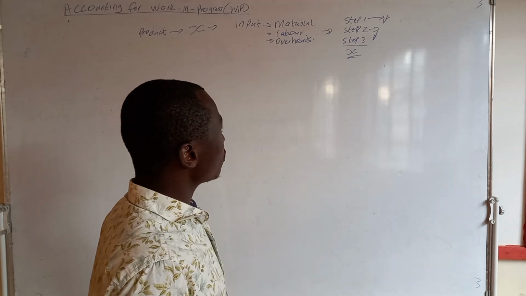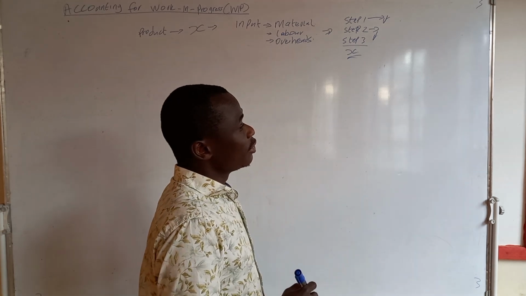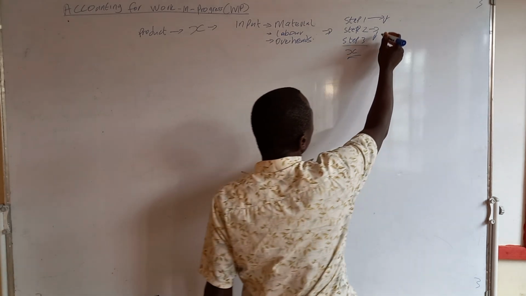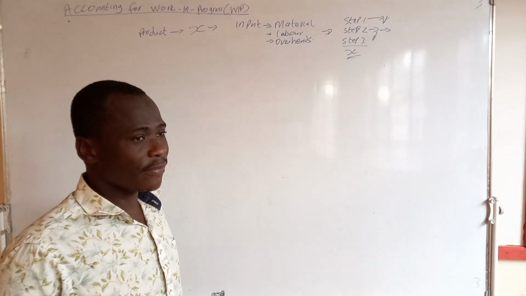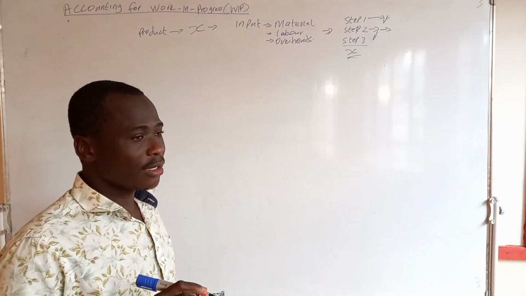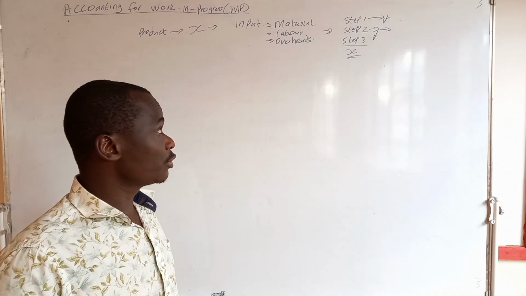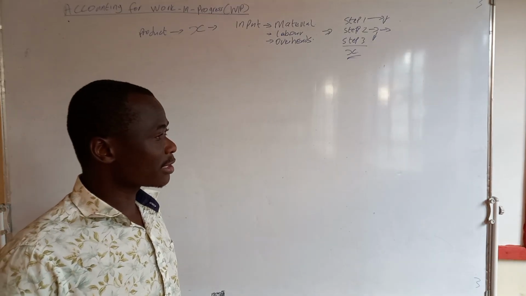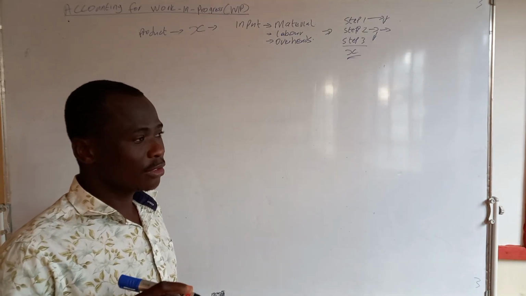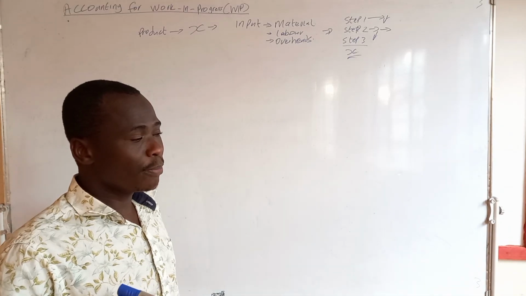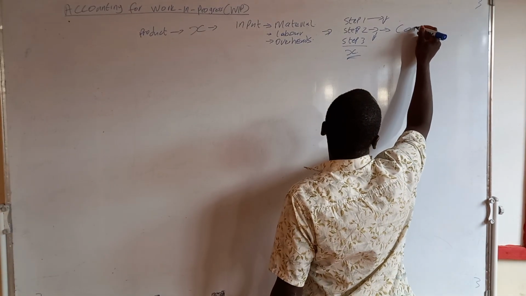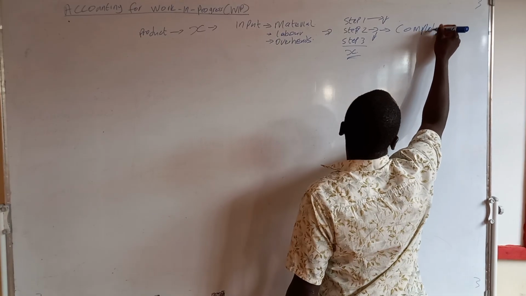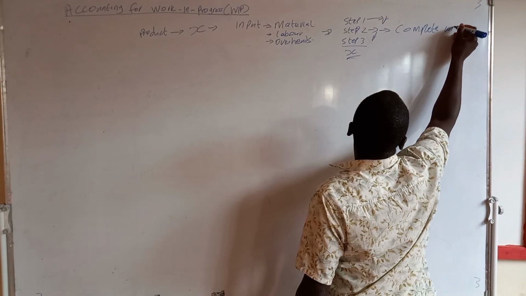Now, under this process 2, you will end up having, at the end of your financial period, some products that have been fully completed, complete units.